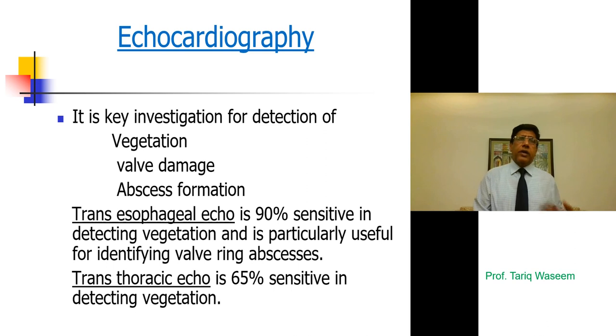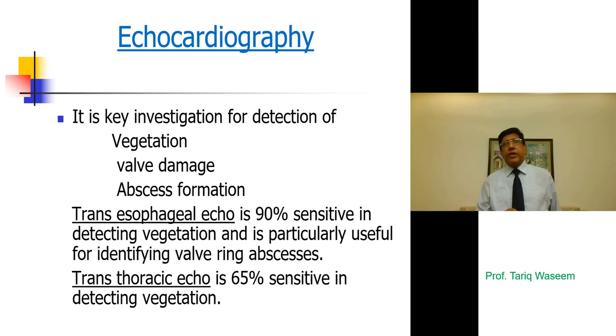Sometimes transthoracic echo cannot visualize the vegetation very properly, particularly in the aortic valve situation, and sometimes it may be even in the mitral valve. So in these cases, we must do a transesophageal echo.